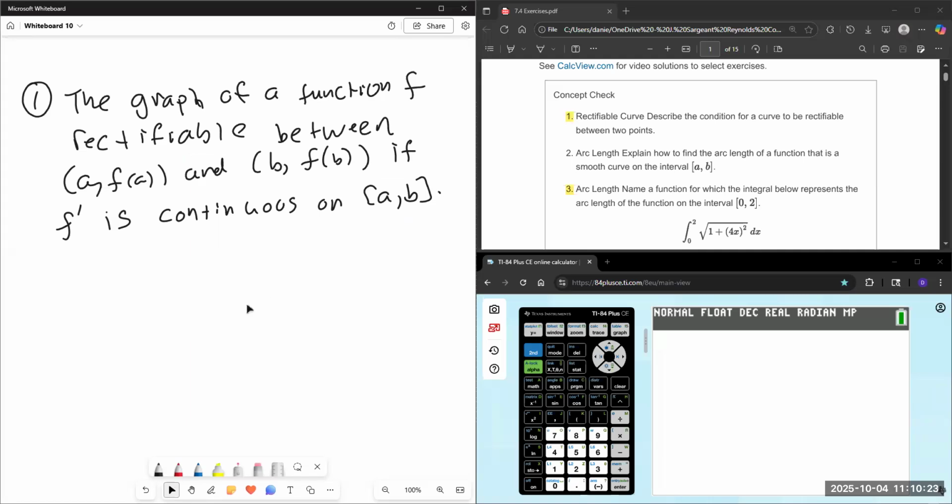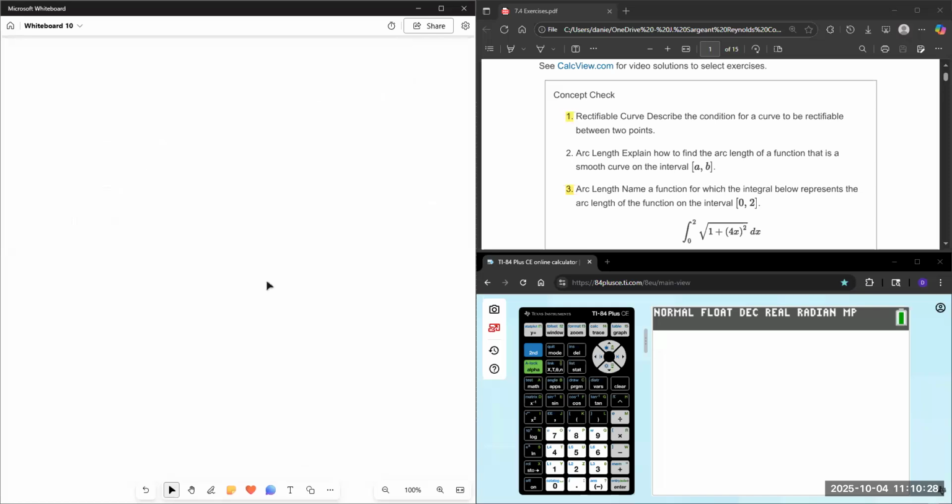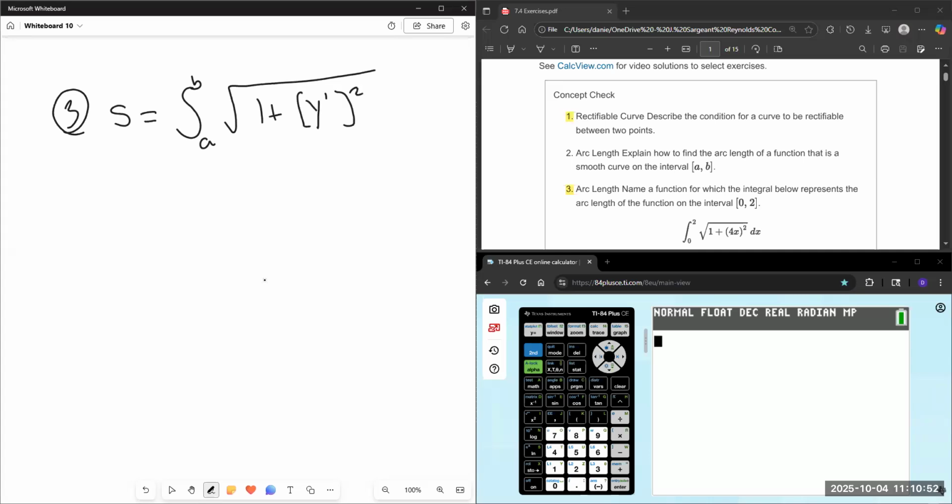Okay, so let's go ahead and look at number 3. And before we look at number 3, let's talk about what our arc length formula is. So s, lowercase s, is equal to the integral from a to b of the square root of 1 plus, and I like to use y prime for this, squared dx.